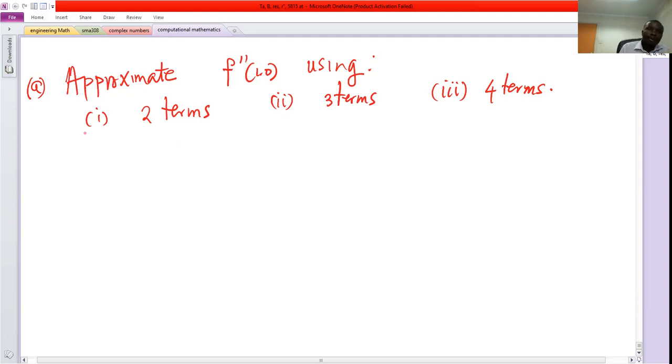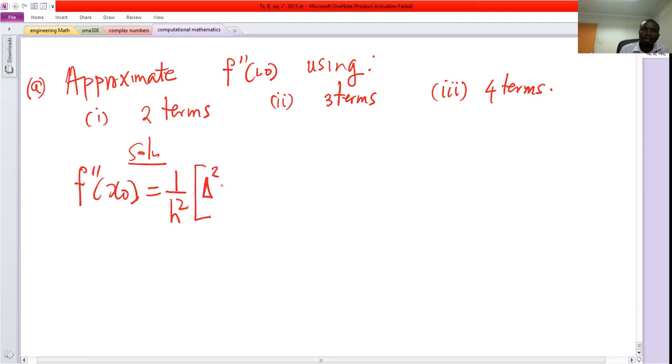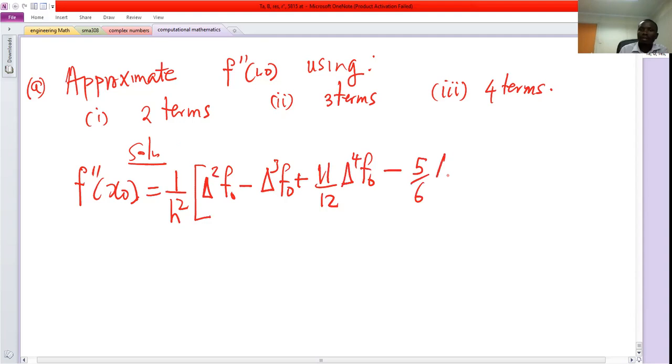Now, we know that the formula is: the second derivative at a point x naught is given by 1 over h squared into the second forward difference of f naught minus the third forward difference of f naught plus 11 over 12 fourth forward difference of f naught, and then minus 5 over 6 fifth forward difference of f naught.